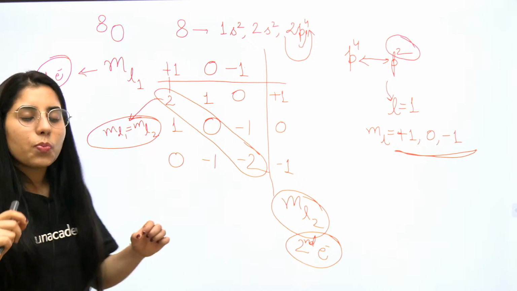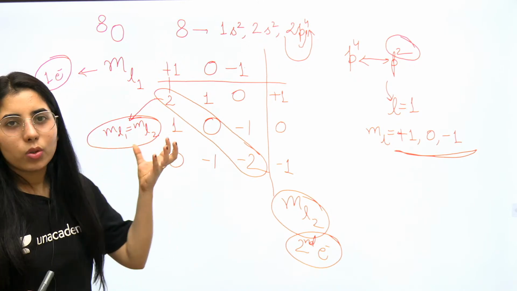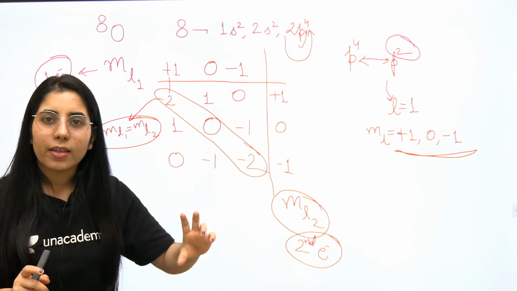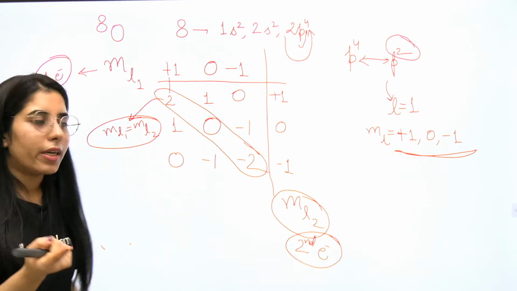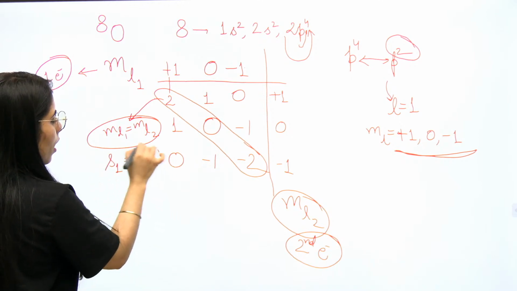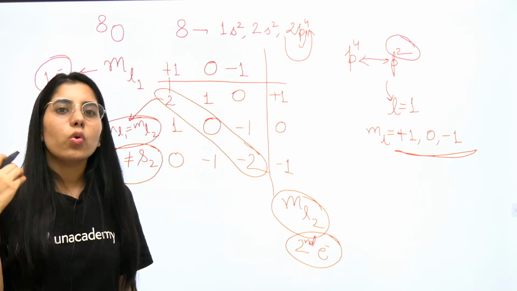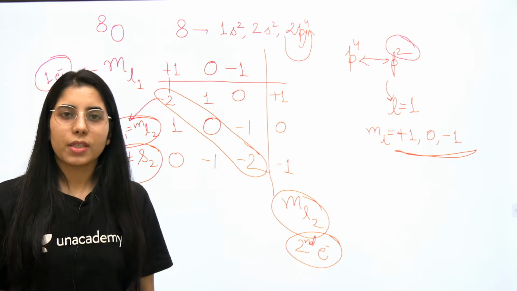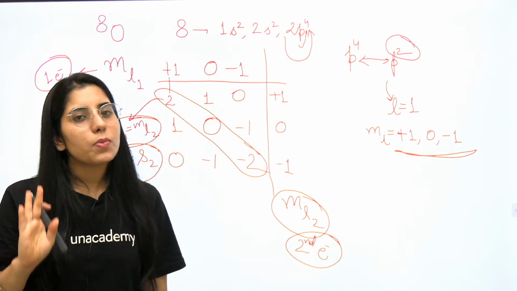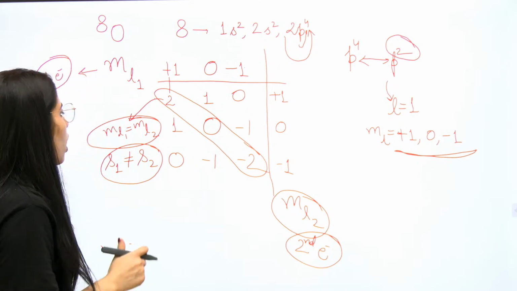That means, as per Pauli's exclusion principle, if the orbital quantum number values Ml1 and Ml2 are same, that means electrons are present in the same state, then their spin should be different. If 2 electrons are in the same state, their spin must be different, it cannot be the same, as per Pauli's exclusion principle. So either the state is different and you can take the same spin, but if the state is same, you have to take different spins.